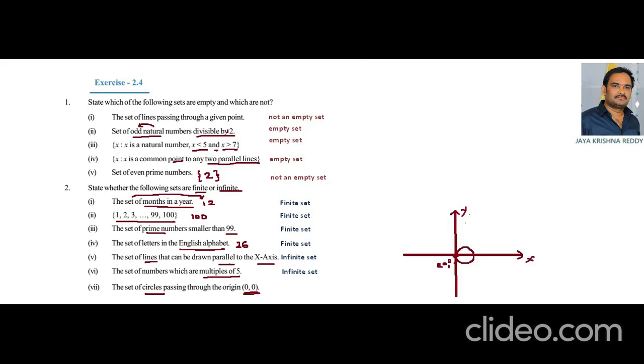In the same way we can draw one more circle by increasing the radius, and one more circle like this, and another circle passing through the origin like this. We can draw an infinite number of circles which pass through the origin. So this is also an infinite set.